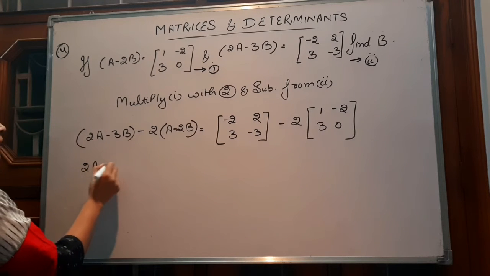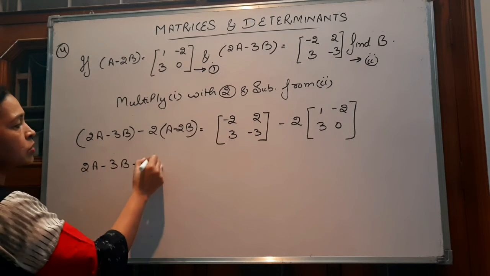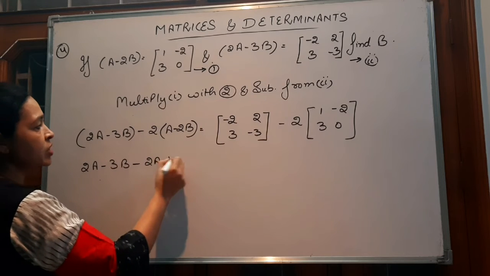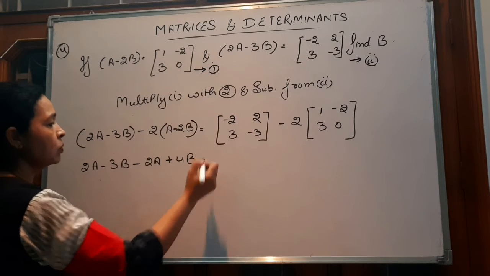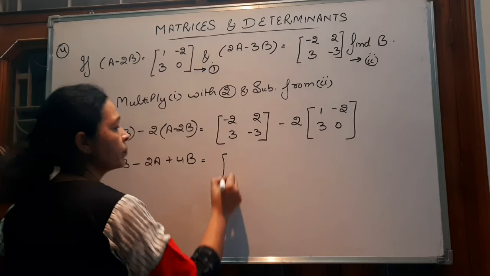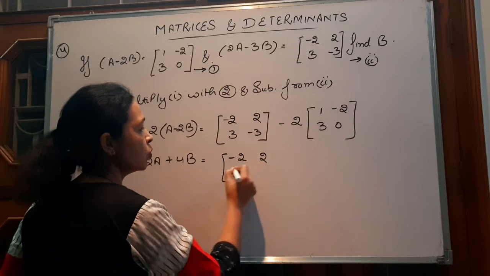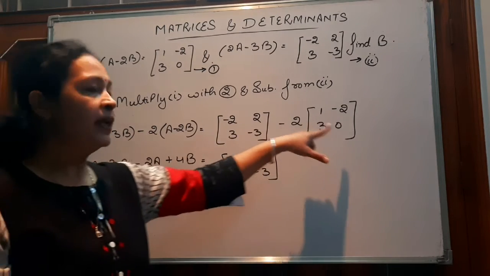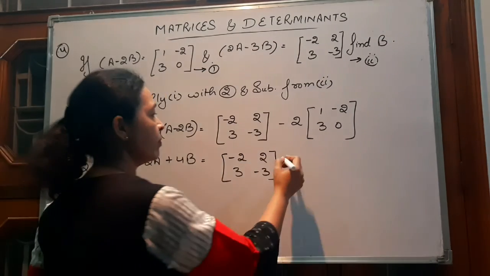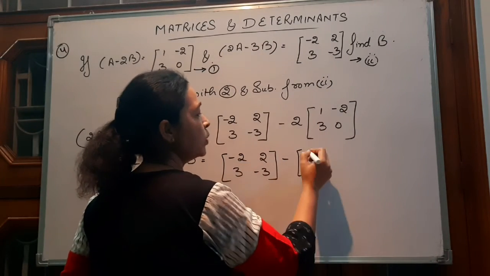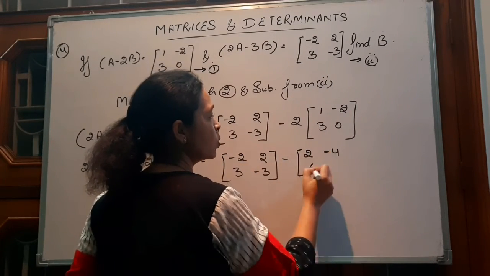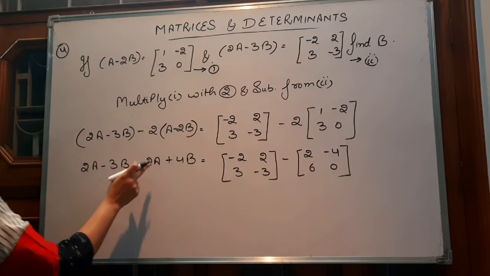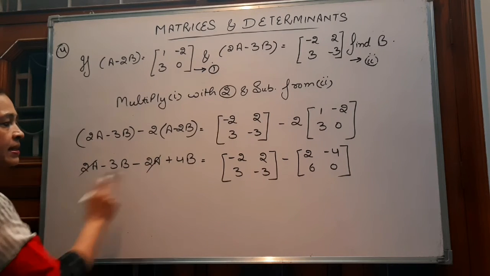We will have 2A minus 3B minus 2A. Minus sign outside, the sign inside will change. 4B equals minus 2, 2, 3, minus 3. We will multiply every element of the matrix: minus 2 into 1, 2, minus 4, 6 and 0. Now 2A minus 2A cancelled.